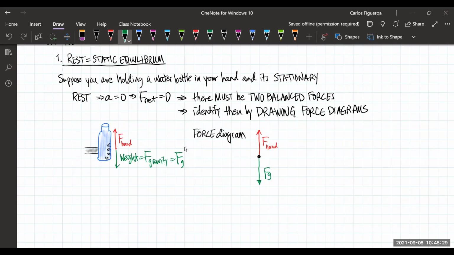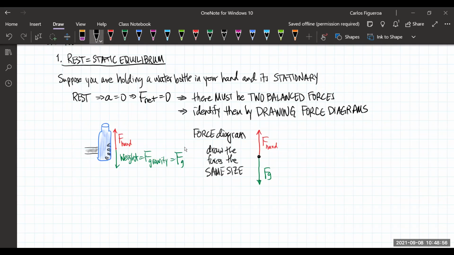So what we do here is draw the forces the same size. You can see that's what I tried to do. I drew the red one, 3 squares. I drew the green one, 3 squares.